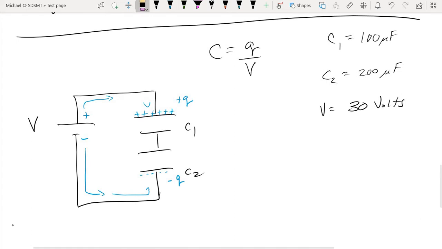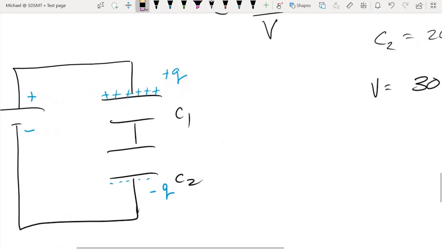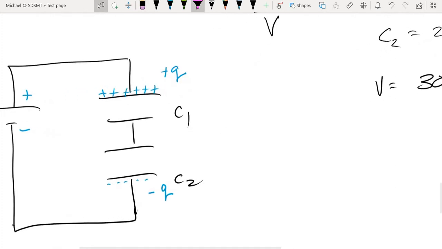Well, so we've got charge on the top plate of the first capacitor, and we've got charge on the bottom plate of the second capacitor. But what about the bottom plate of capacitor 1 and the top plate of capacitor 2? And if you notice, they are connected by a wire, except they're not connected to anything else.